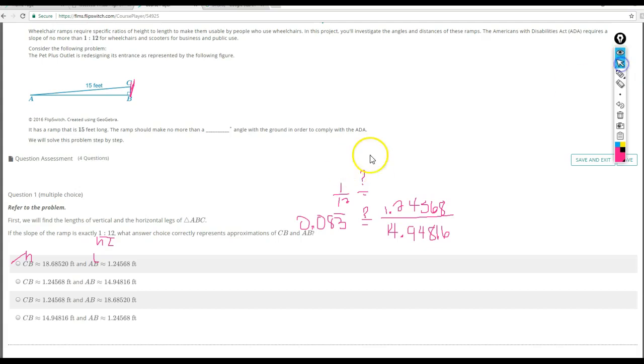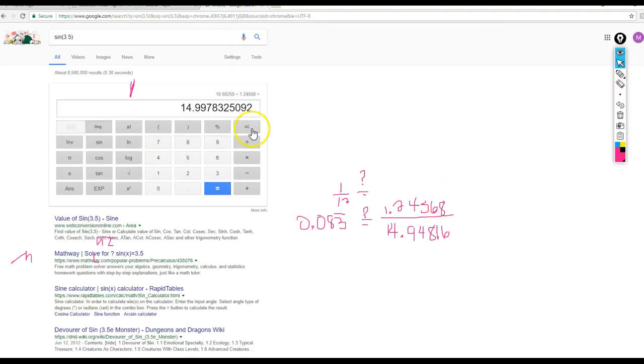I'm not going to divide 1 divided by 12 again because that proportion of height to length does not change since it's the ADA's ruling. So now we're going to type in 14.94816 and divide it by 1.24568.